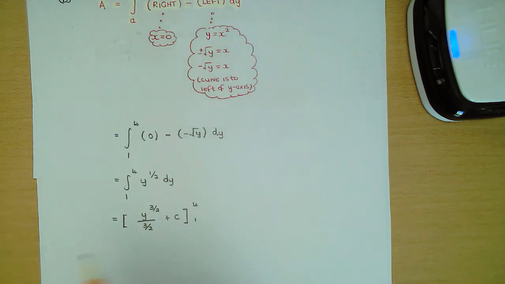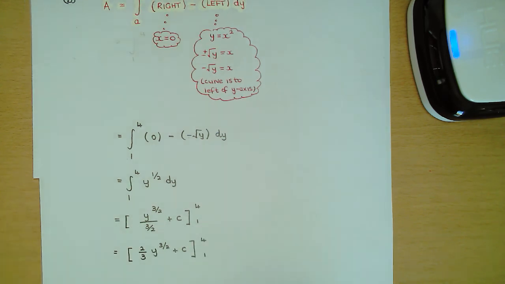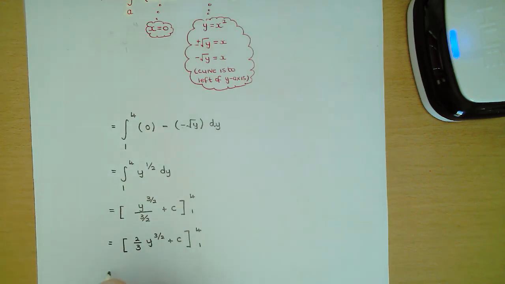Again, dividing by 3 over 2 is the same as multiplying by 2/3. Okay, we're going to break up the square bracket into two separate square brackets with a minus between them.